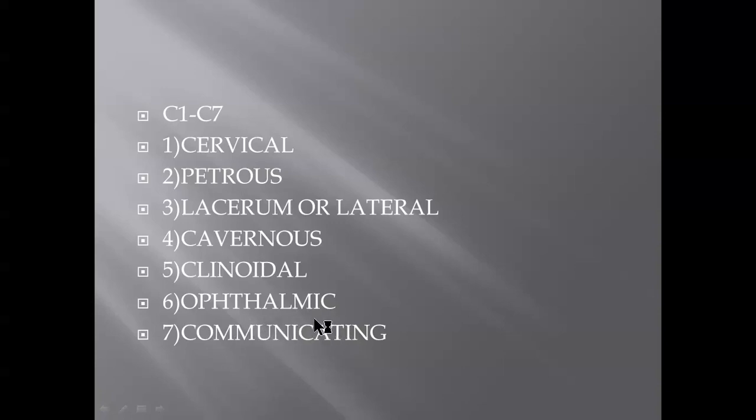Just the only difference was in the Gibo classification, choroidal segment was also introduced, but in the Boutelier classification, communicating itself includes the choroidal segment and the communicating segment. That is the origin of the posterior communicating artery and the origin of the anterior choroidal arteries. Both are included in the communicating itself. So the point to be remembered is C3 and C5, clinoidal, and the lacerum part.